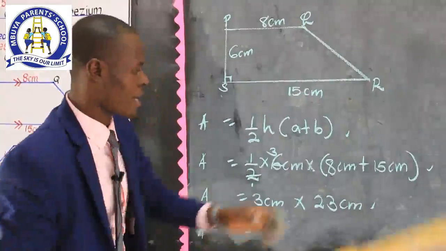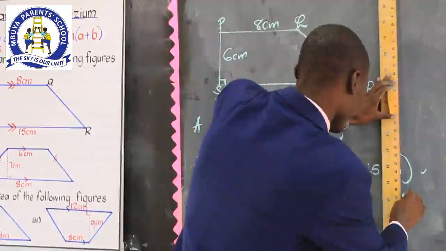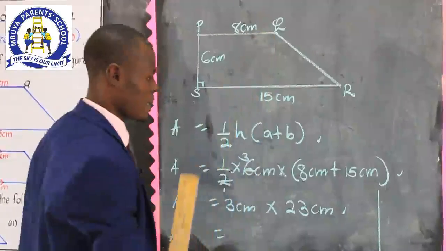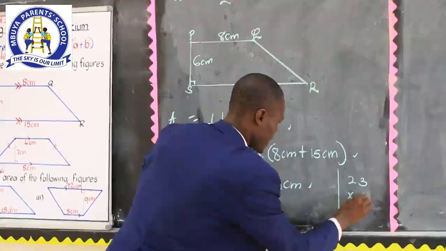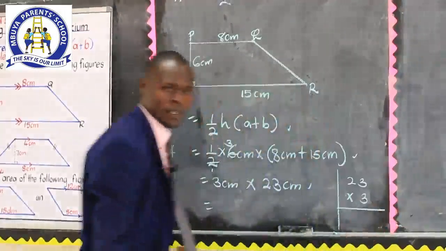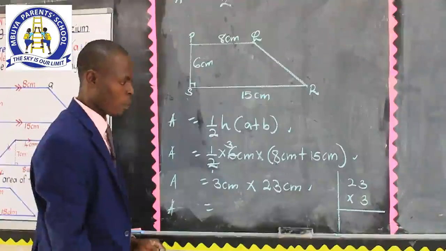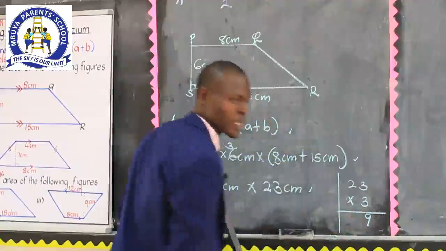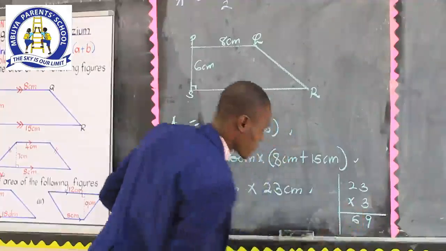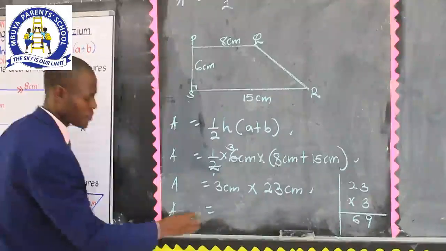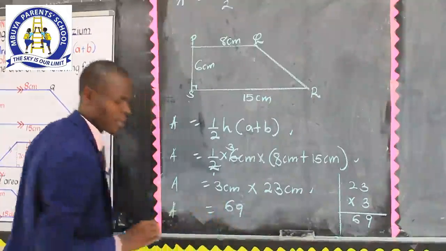Class, you lose no mark if you say, I want to do it vertically. I have 23 times 3. Good. Class, 3 times 3? Wow, that's 9. Good. 3 times 2? Perfect. That is 6. So we shall have our area as 69.